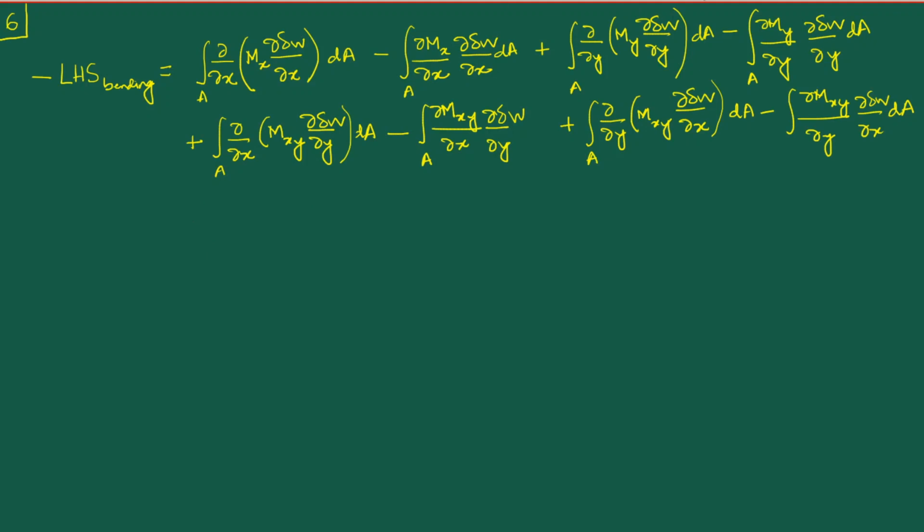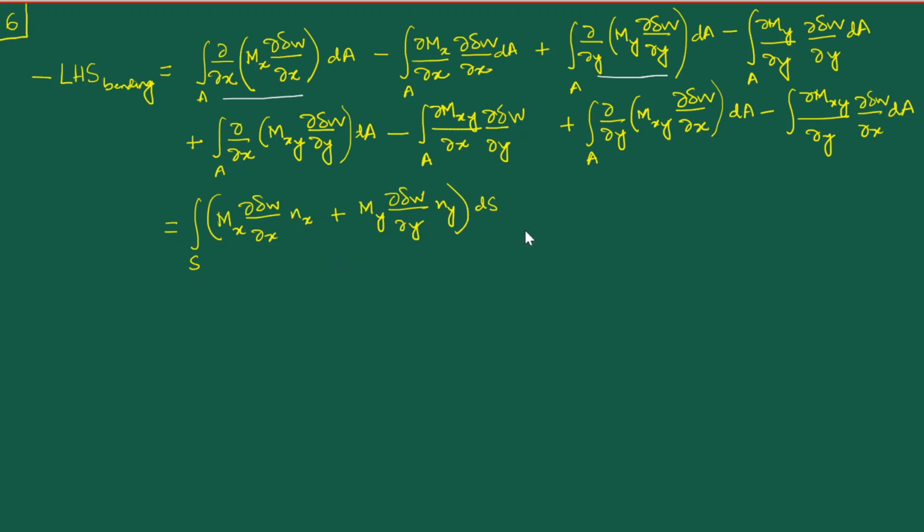All right, so I'm going to consider this term and this term. So this is Mx ∂δw/∂x nx plus My ∂δw/∂y ny, and now this integration becomes a line integration over the entire boundary of our plate.